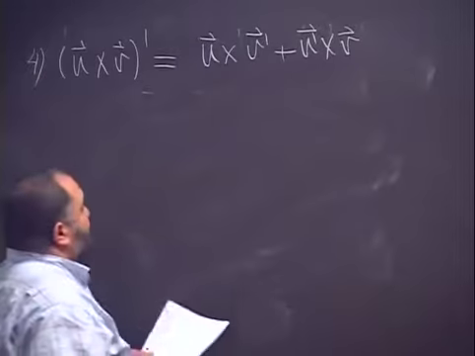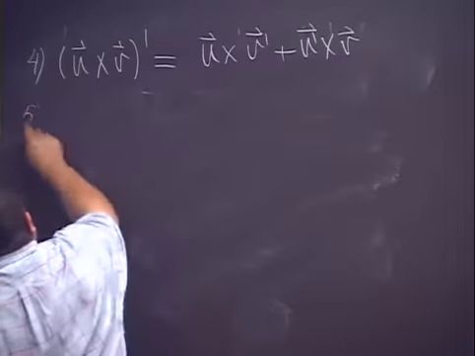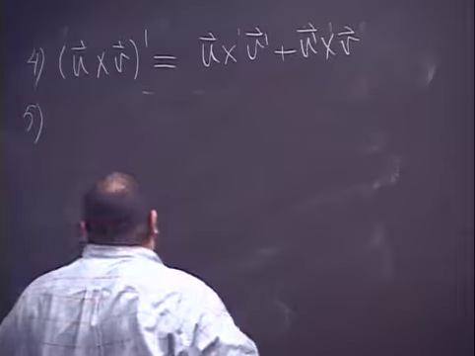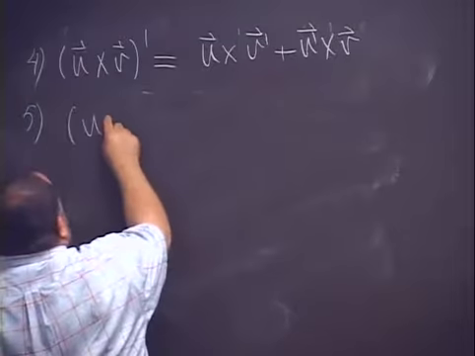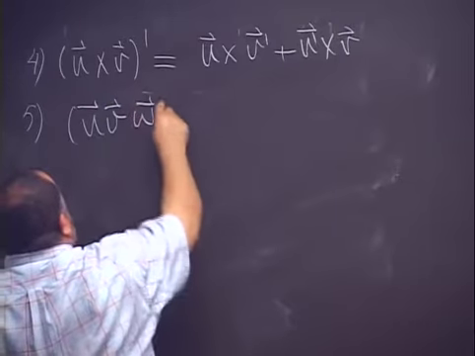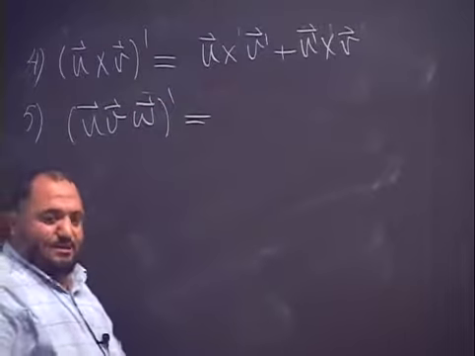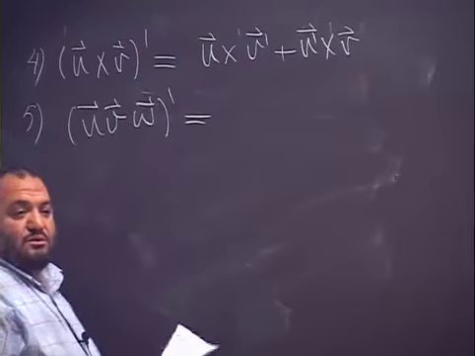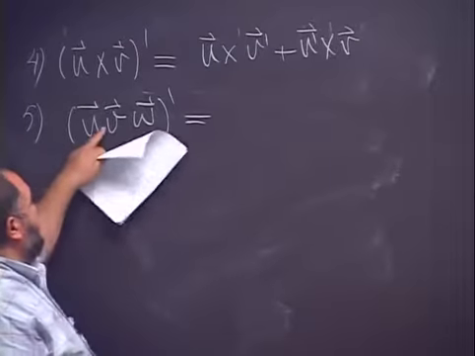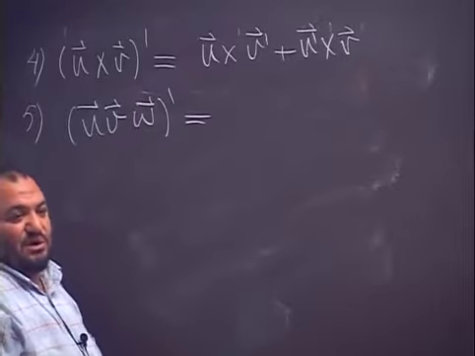Again, we use the same partitioning tool. So here we have u, v, omega, so I can do it exactly the same. I did not put anything here, whether it is dot or cross.